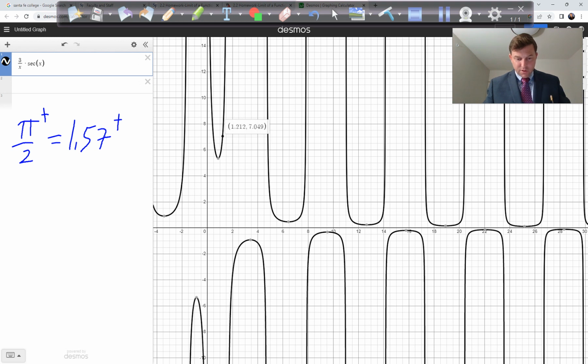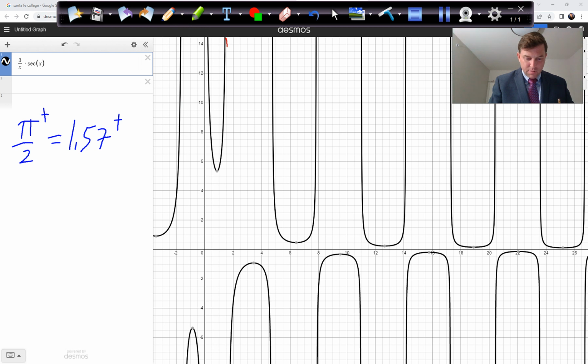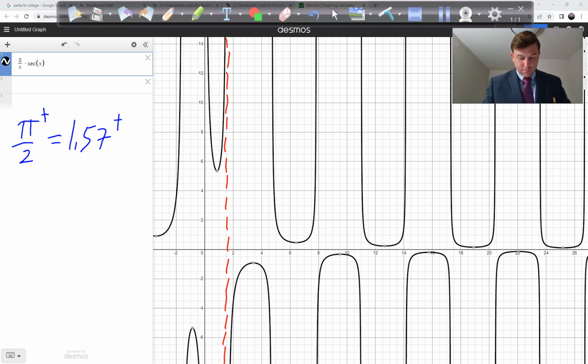I'm looking at the first number, the x values, it's where I have this asymptote. So this asymptote, it's a little hard to see, but there's an asymptote right here at 1.57. From the right side, my numbers are getting negative.